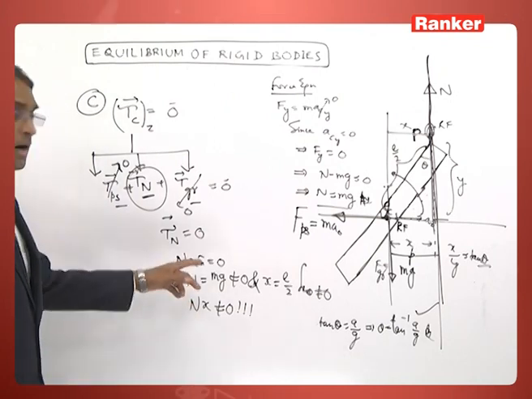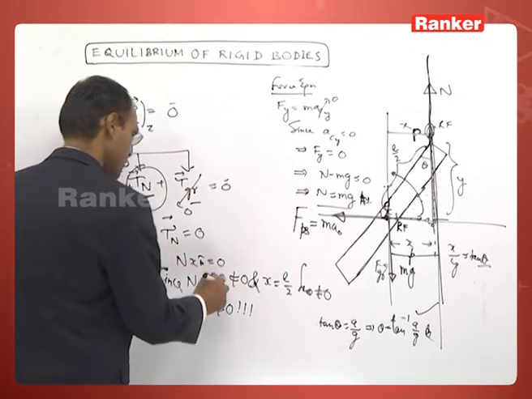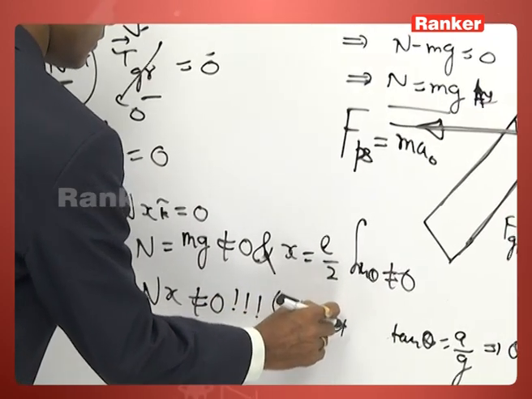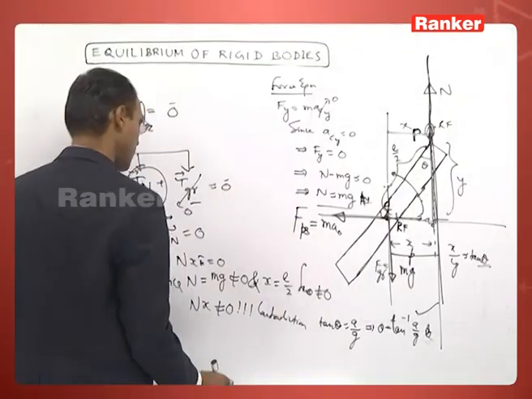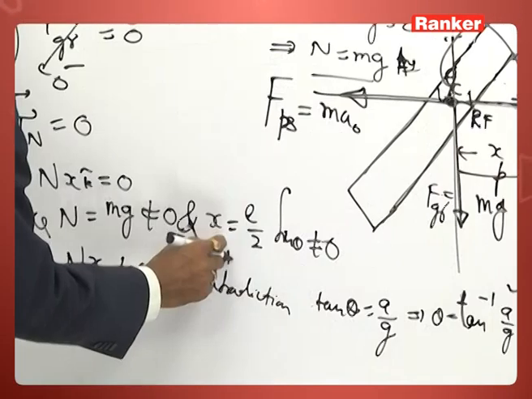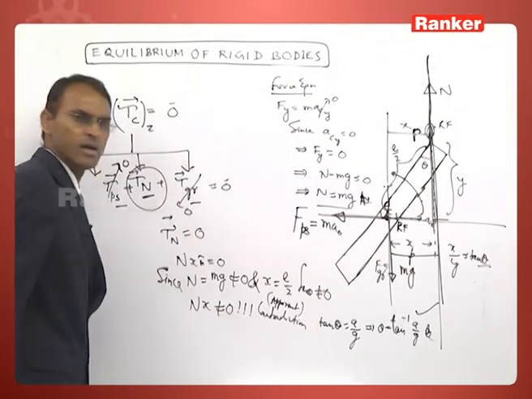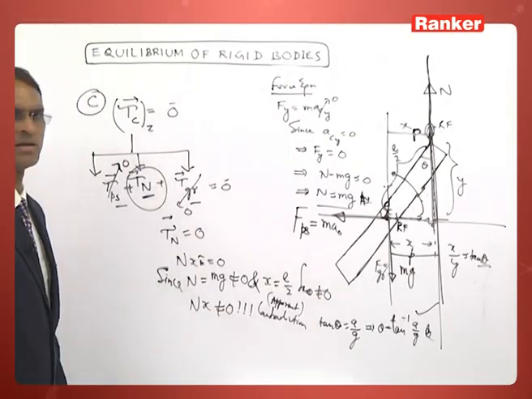This is an apparent contradiction. This is a contradiction, but this contradiction is apparent. It seems as if it is a contradiction.